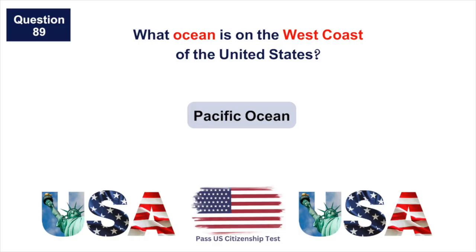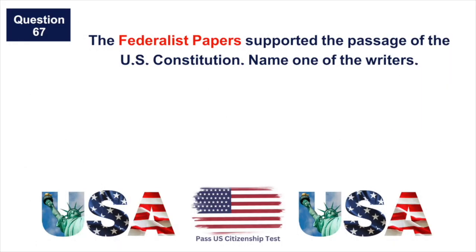Pacific Ocean. The Federalist Papers supported the passage of the U.S. Constitution. Name one of the writers. James Madison.